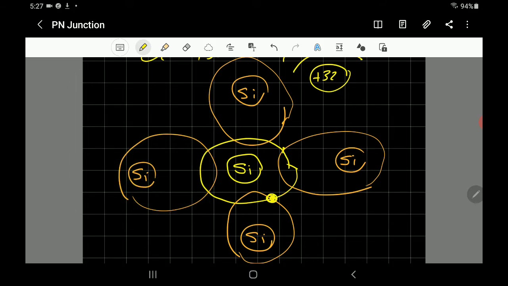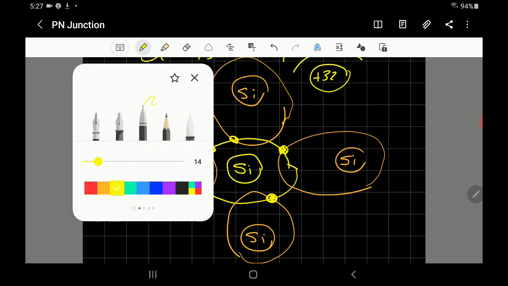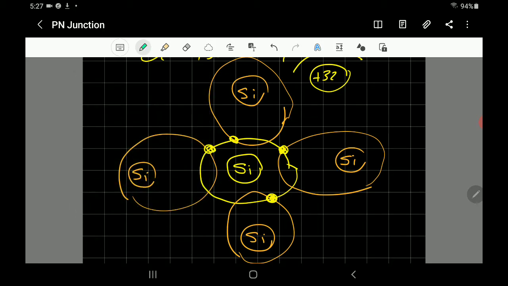That's 1, 2, 3, 4. So the last 4 valence electrons of the one in the middle are shared with the others. What about the others? Each one is also going to share 1 electron. So this silicon will have 1 electron here and the other 3 in different positions.